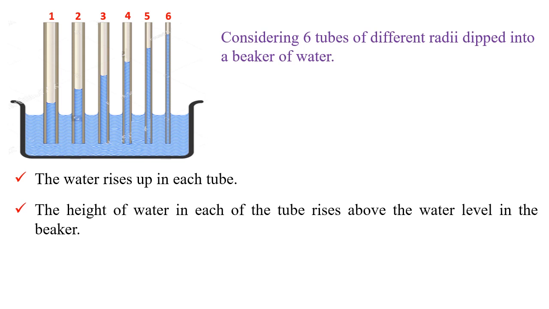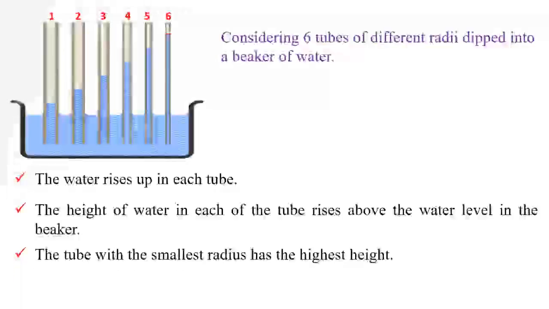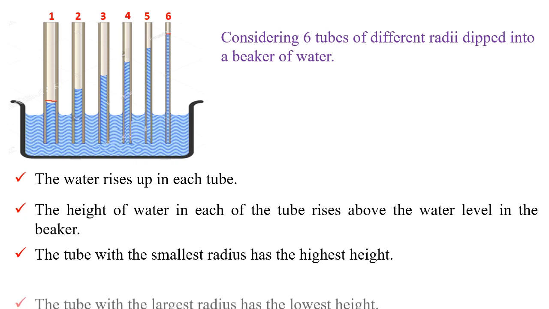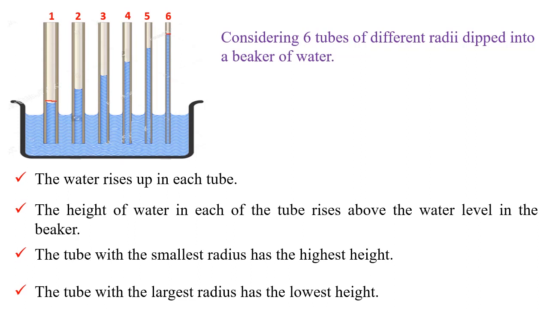And the level of water in the first capillary tube is least because of its wide radius. So therefore, we can say that the tube with the smallest radius has the highest height, while the tube with the largest radius has the lowest height from the water level.